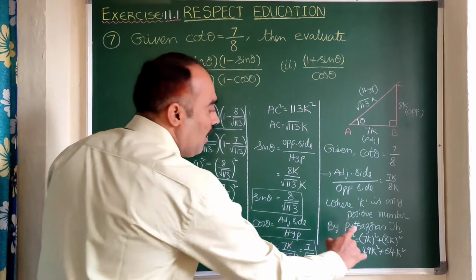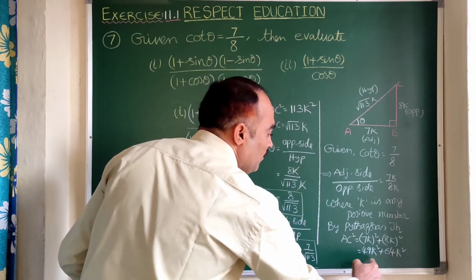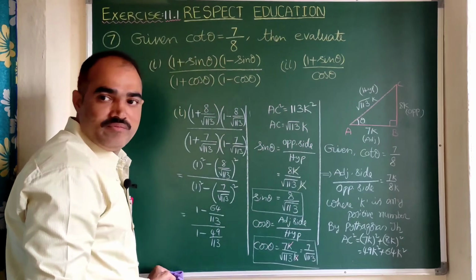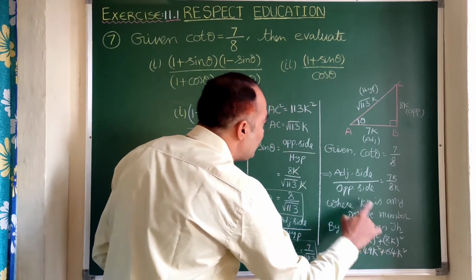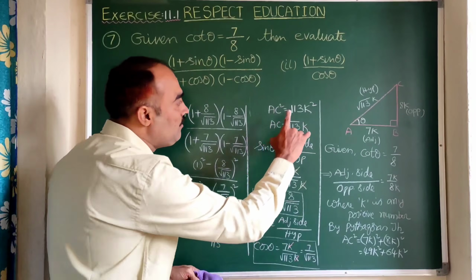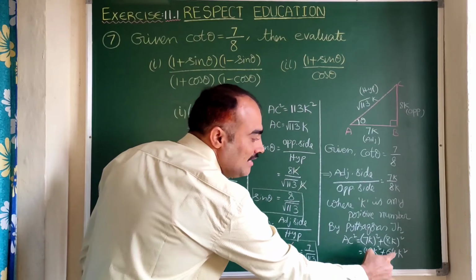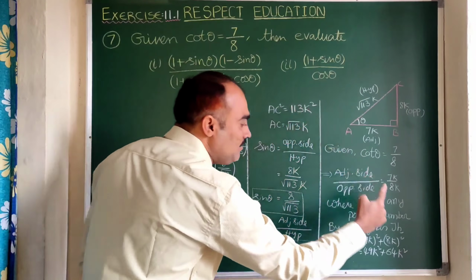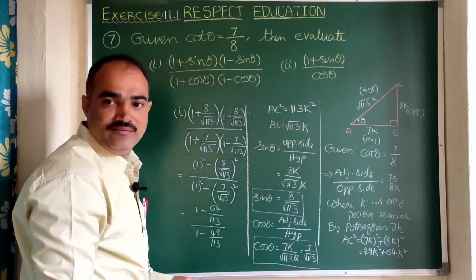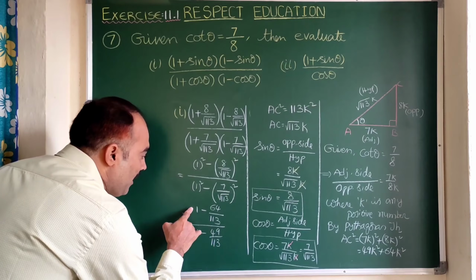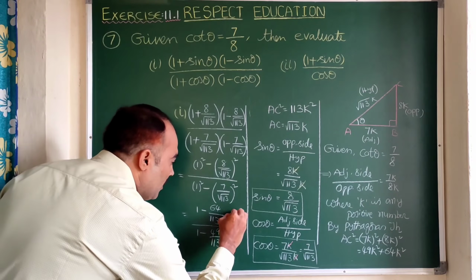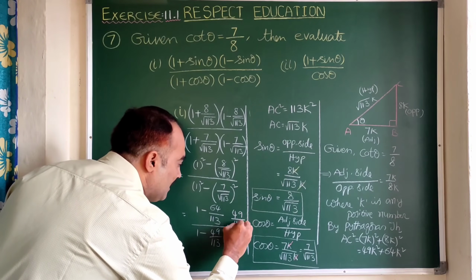Here you see, on adding 49 and 64 we got 113. Understand carefully. On adding 49 and 64 is 113. Now can you tell me what is 113 minus 49? 64. What is 113 minus 64? 49. Is it clear? So let us write directly. 113 minus 64 is 49 by 113.